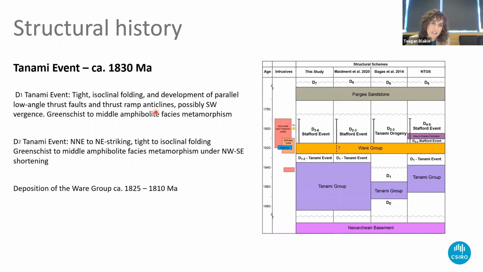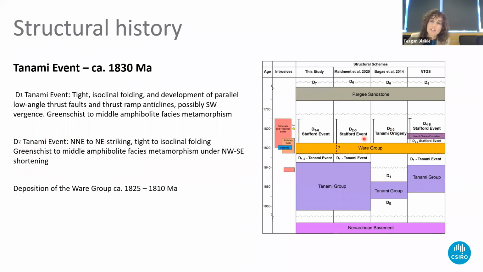In general, it's recognised to occur in association with greenschist to amphibolite facies metamorphism, and is associated with south to southwest tectonic vergence. And then you have subsequent north to northeast striking tight to isoclinal folds associated with northwest-southeast shortening during the second phase of deformation during the Tanami event.